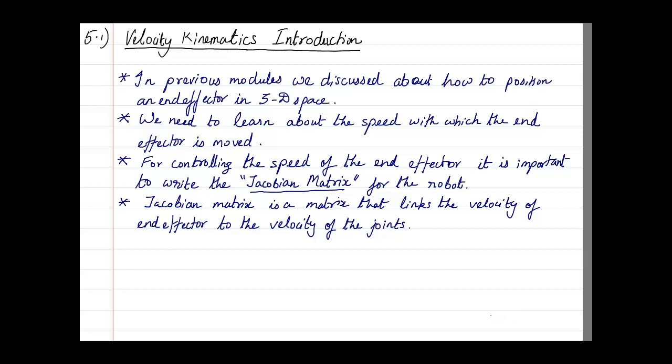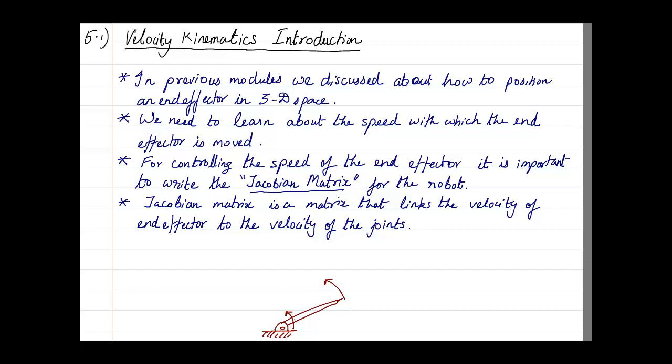As I previously told, let me show it with an example. Suppose we have a revolute joint. Let me draw the revolute joint. Here is the revolute joint which is attached to a link and to the ground, and on the link we have, let's say, a paintbrush, spray paint or some tool. The velocity with which it moves depends on the velocity of this joint.